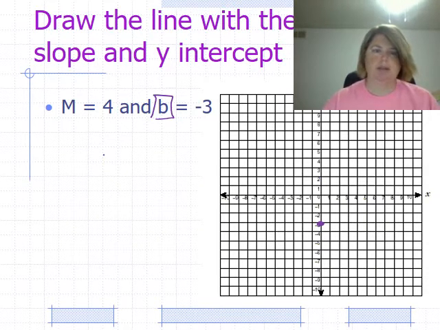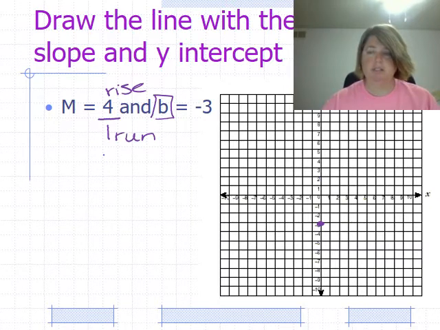You begin with b, and then you move with slope, and slope is always a fraction. So it's rise over run. So this means I'm going to go from this point, so put your pencil on the point at -3 and go up 4, 1, 2, 3, 4, right 1, and you should have a point at about (1, 1). And then from that point at (1, 1), go up 1, 2, 3, 4 more, and over 1. So you can see that the stair is a pretty steep stair.